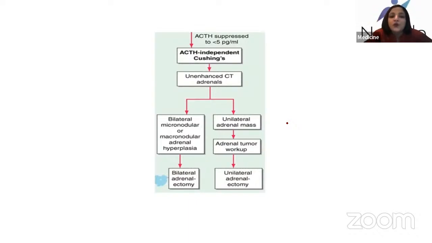So we do an enhanced CT of the adrenals. Either it will be a bilateral macronodular adrenal hyperplasia, or there'll be a unilateral adrenal mass. If there is anything, the treatment of choice is adrenalectomy. Simple as that. You have to perform an adrenalectomy, either bilateral or unilateral. So this is very simple.